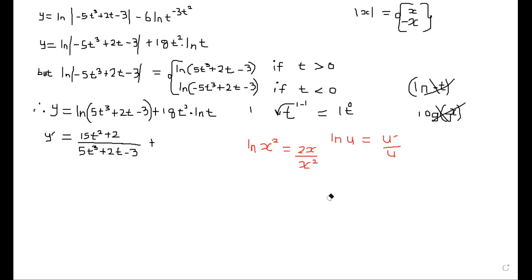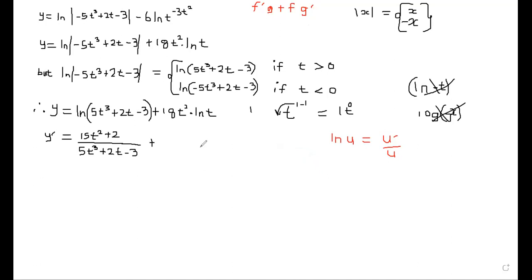Meaning that when you have f being multiplied by g, remember we said you must use the product rule, meaning f prime g plus f g prime. This is the product rule. So let's use that, because if you look at this carefully, ln t is multiplying into 18t squared.